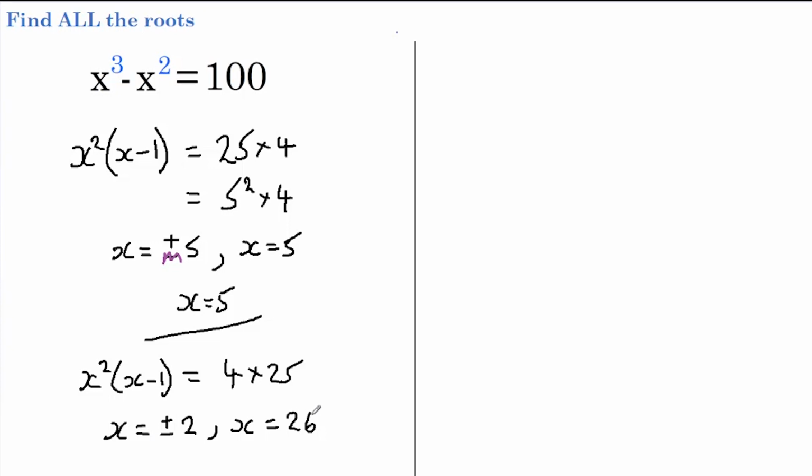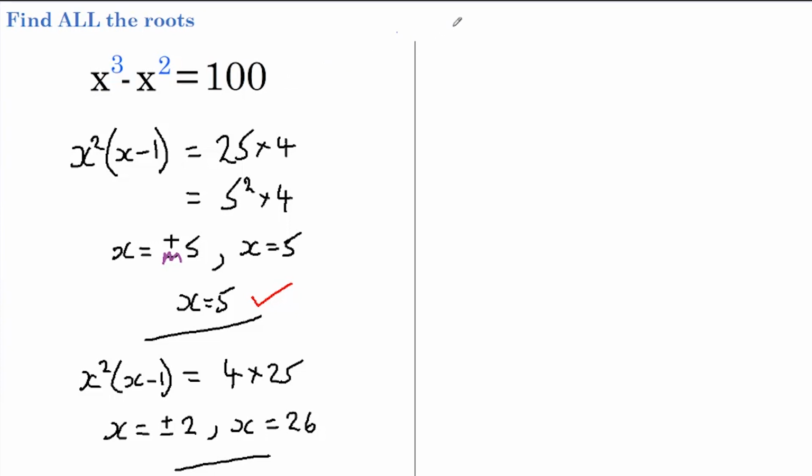But here the x solutions are all different, so this doesn't give us any roots to the problem. So the only root that we have is that x equals 5. And if you'd taken a guess at the very beginning, you may have come up with that.